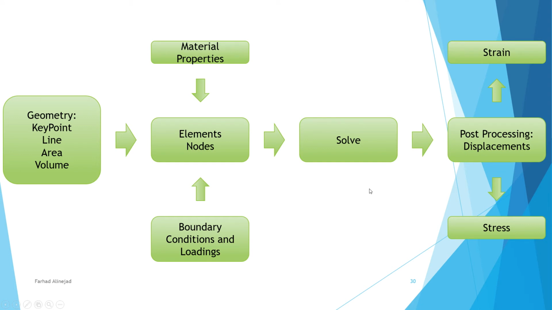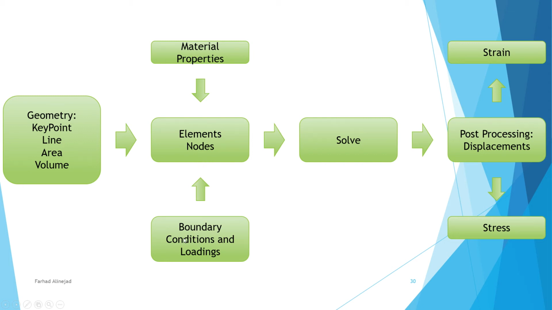Well, for solving an FE analysis, you have to go through different steps. Firstly, you have the geometry, which includes key points, lines, areas, or volumes. And with the help of material properties, you generate the elements and nodes.